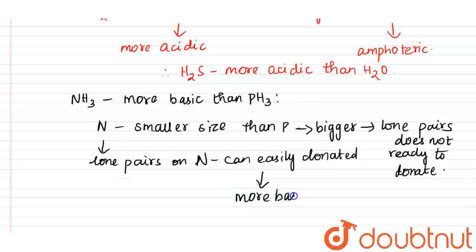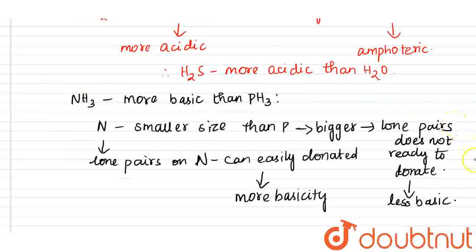There will be more basicity in ammonia than phosphine, because phosphine is less basic and does not readily donate its lone pair of electrons, due to the bigger size of phosphorus compared to nitrogen. So this is the reason why ammonia is more basic than phosphine.